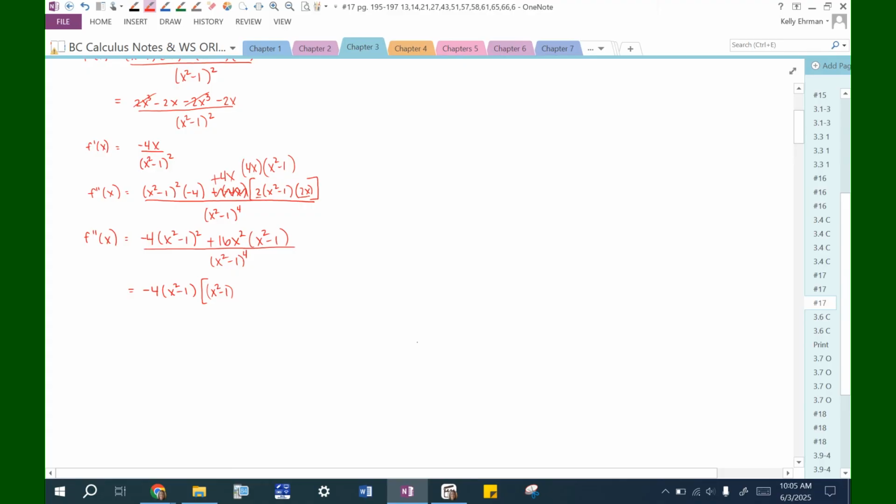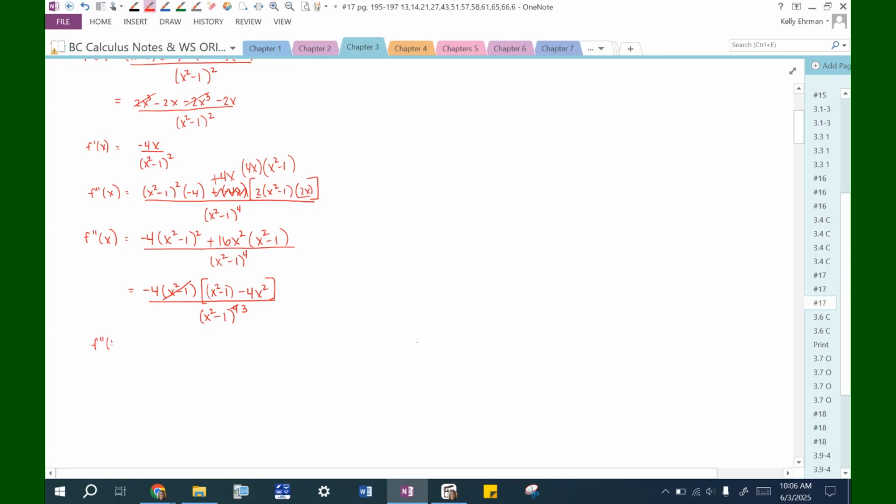This plus 16x squared, because you're dividing by negative 4, would become minus 4x squared. And this x squared minus 1 has been divided out. And this is now over x squared minus 1 to the fourth. You can reduce this a little bit to the third. I think this is as far as I need to take it to be able to set f double prime equal to 0 and equal to undefined.